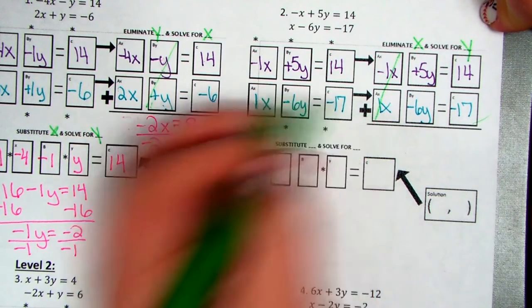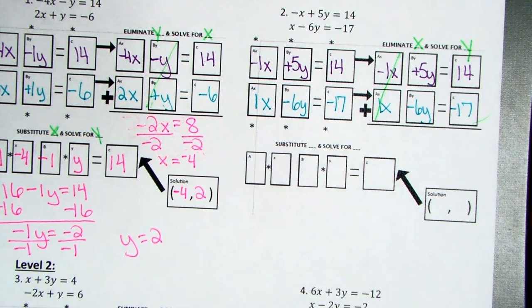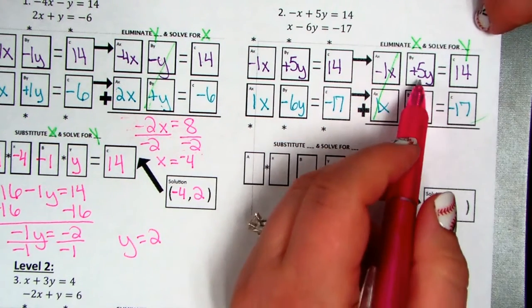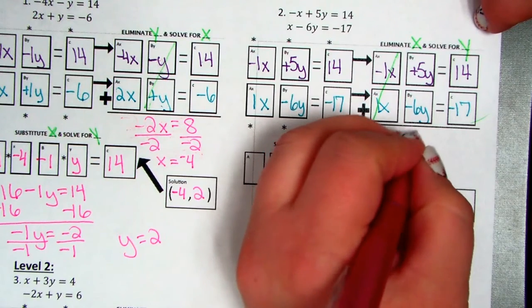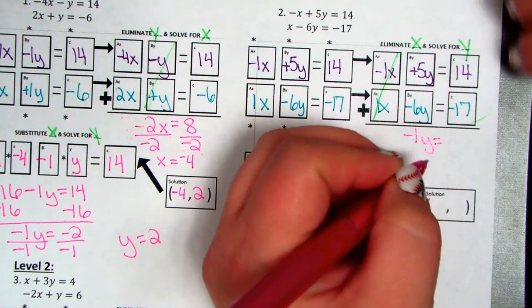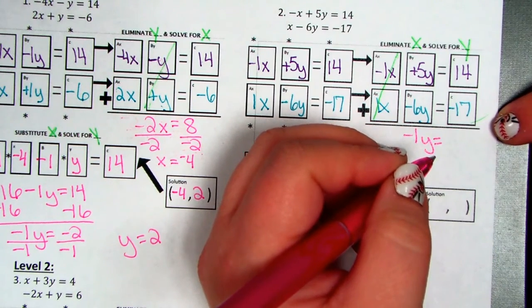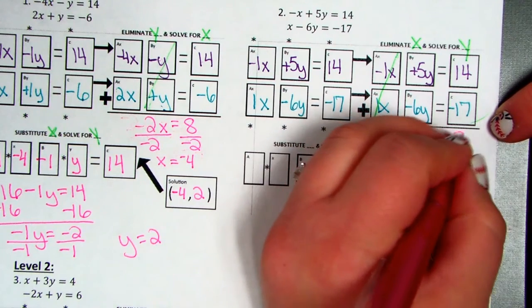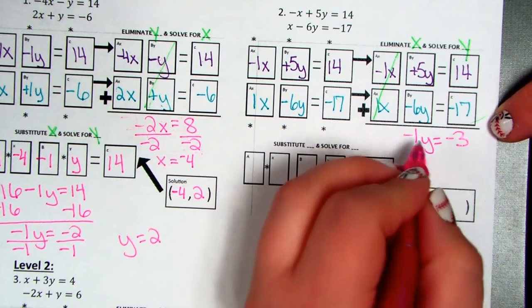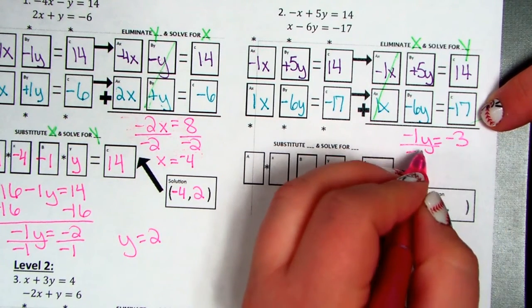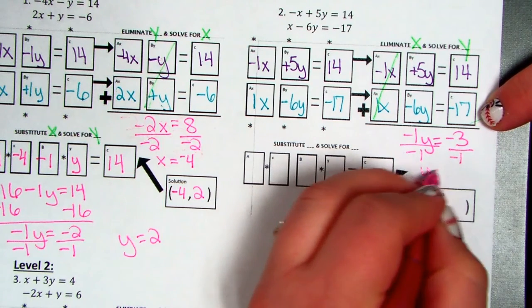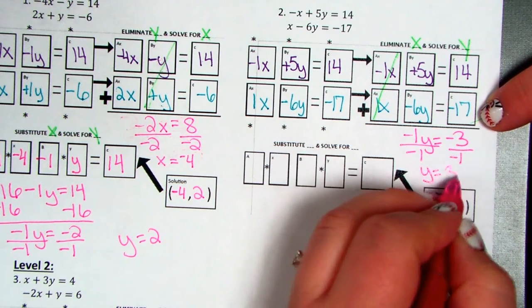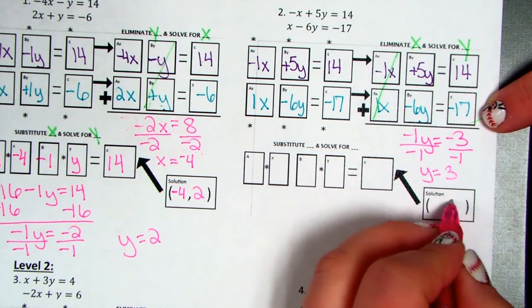So I know I'm doing something right here. 5y plus negative 6 gives me negative 1y. 14 plus negative 17 gives me negative 3. Divide by negative 1 on both sides. And y is equal to positive 3. That means that 3 is going to go down and be part of the solution.